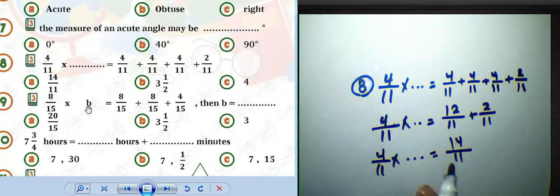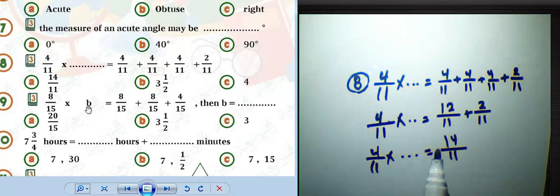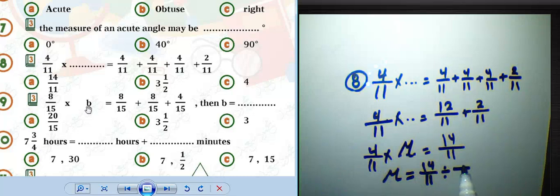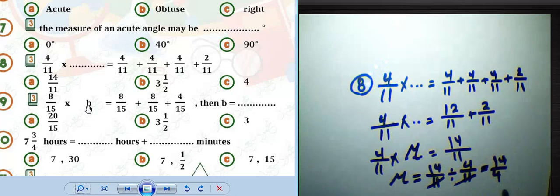To find m, we must divide 14 over 11 by 4 over 11. So m equals 14 over 11 divided by 4 over 11. You can cancel 11 by 11 here. The result will be 14 over 4. You can simplify it by dividing numerator and denominator by 2.